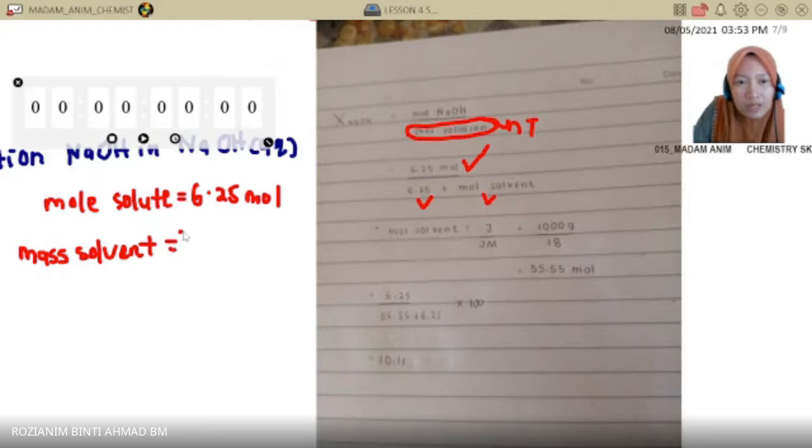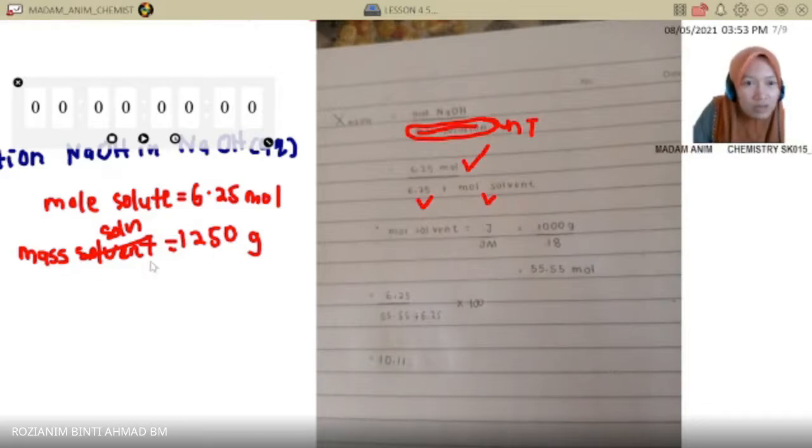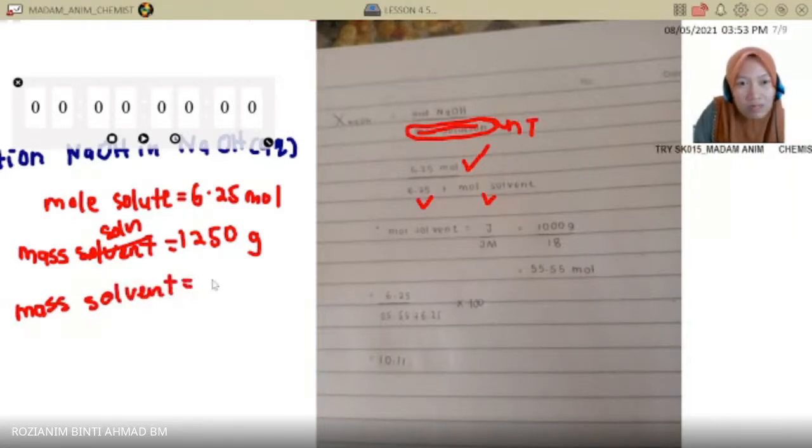And then we already have the mass of solvent equal to 1250 gram. Is that right? No, this is the mass of solution. We want the sum of solute and solvent, not the solution. So here we must find the mass of solvent. We already found it before: the mass of solvent here is 1000 gram.